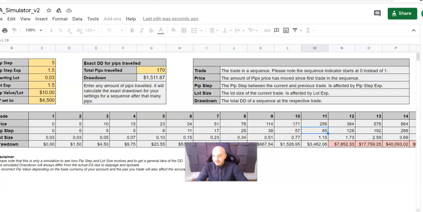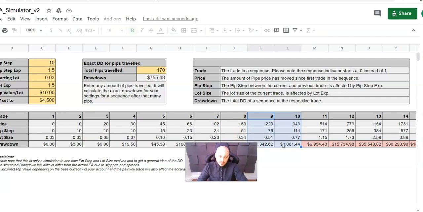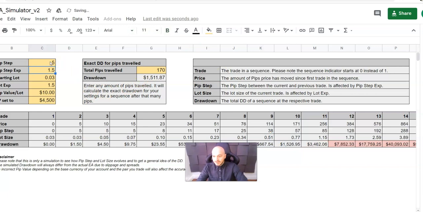So it's all relative, but by changing the dynamics here, everything has a balance. I can increase the pip step, and yes, I can absorb even more of a move, but I'll also bank less. I could lower that, I can up the lot size, and you will see how all of this changes. So it's all about preparation.